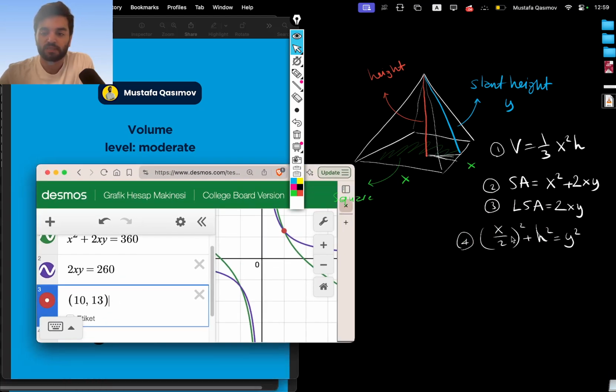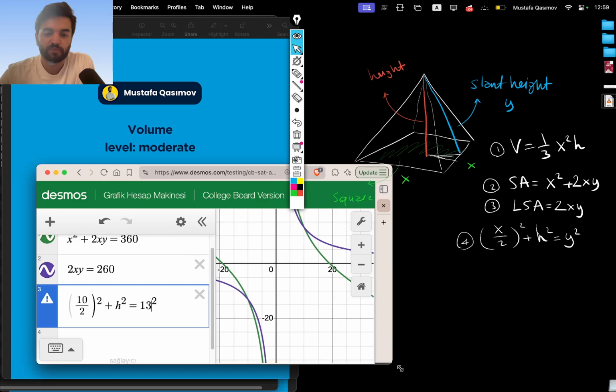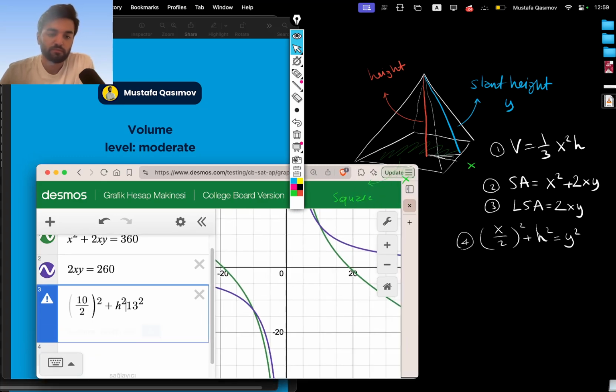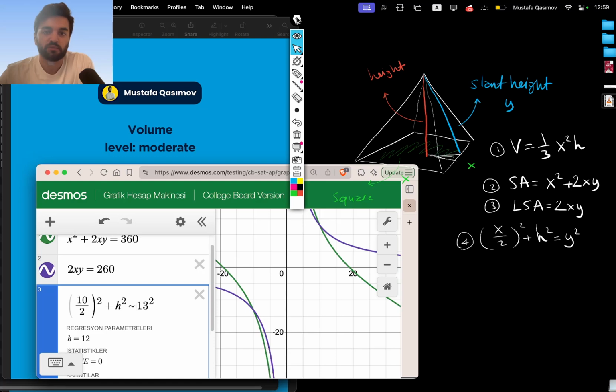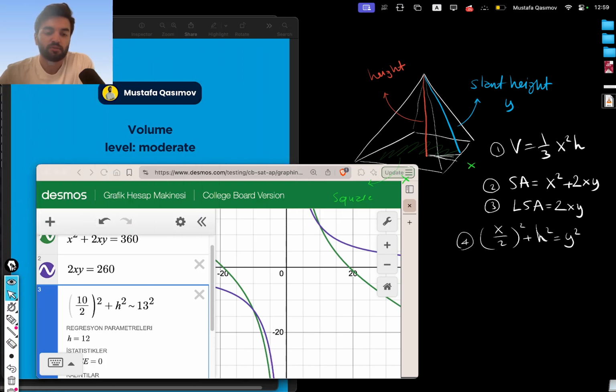So we have to use the last formula: x over 2, 10 over 2 squared, plus h squared is equal to 13 squared. Then from here we just need to find the value of the height. So the answer is 12. So 12 is the correct answer.